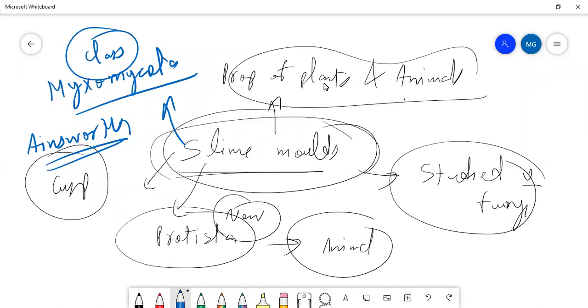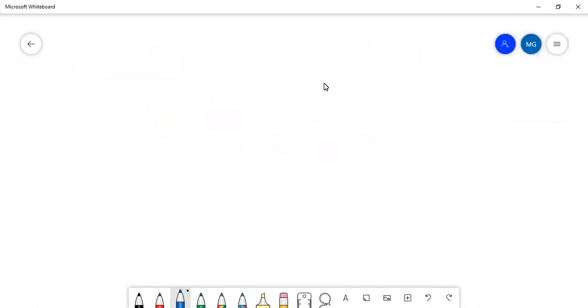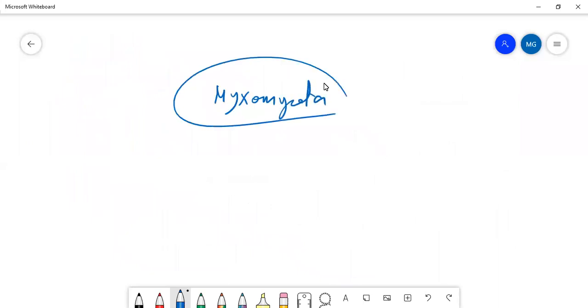Now the question is, when we talk about the slime molds, when we talk about the myxomycota, let me take a new page. ये जो myxomycota है, because they are basically studied by mycologists, people who study fungi. But in fact it is kept under animals also. We classify under protista.